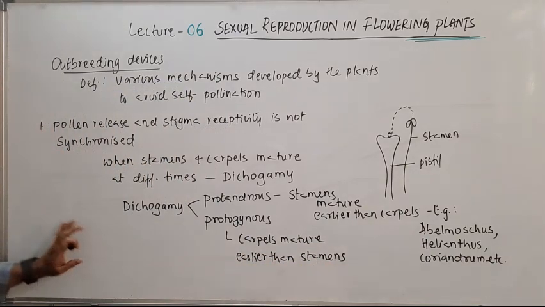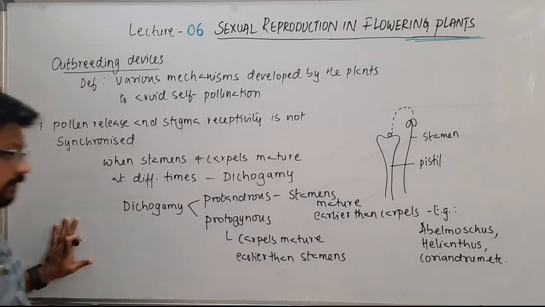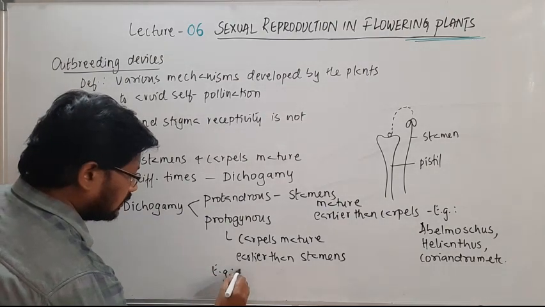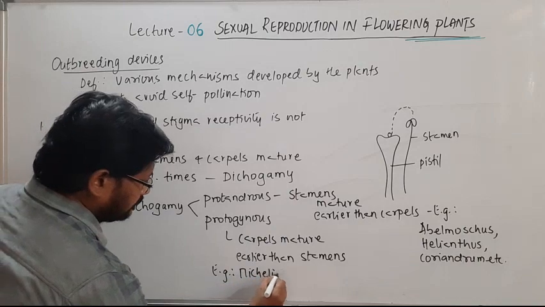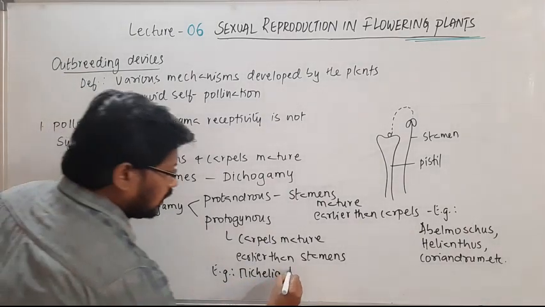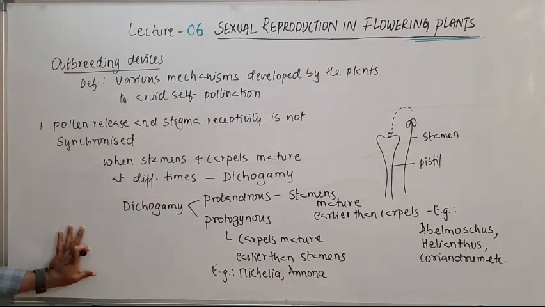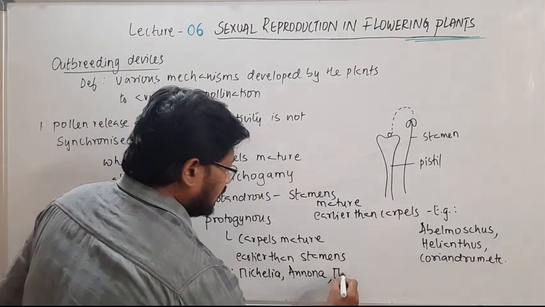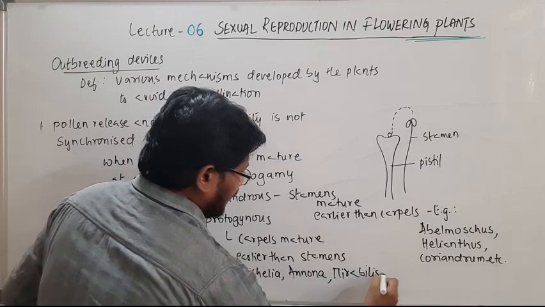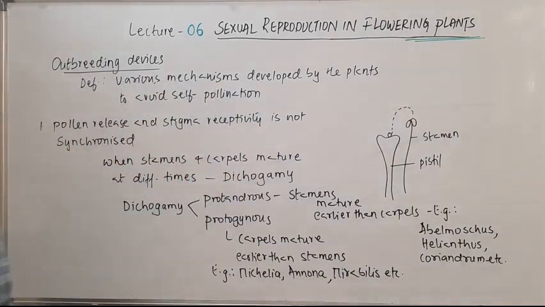So if the carpels mature earlier than the stamens, the condition is protogynous. So we can see in case of Michelia, right, Annona. So in case of the plant Annona, right, and then we can also see in case of Mirabilis, etc. are some plants in which you will find this protogynous condition.